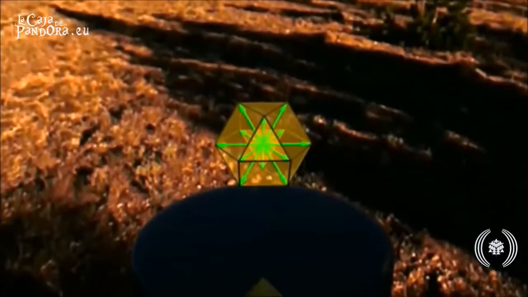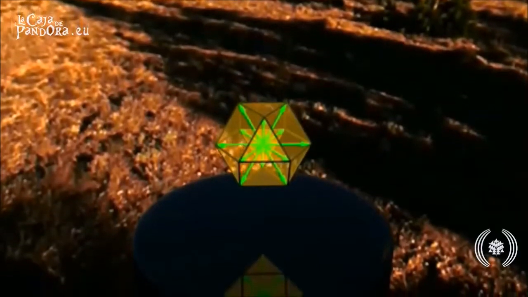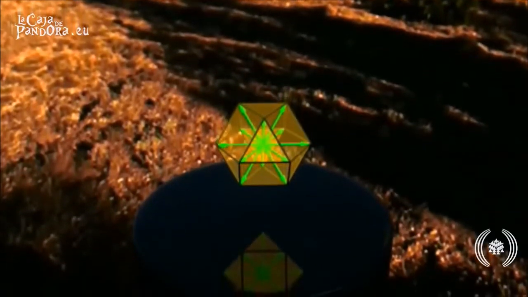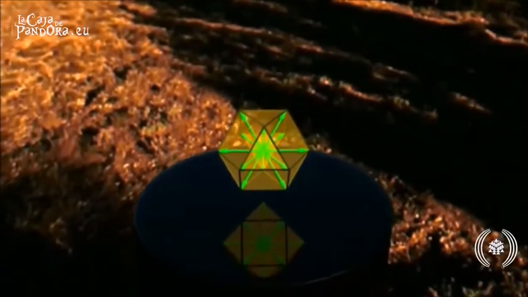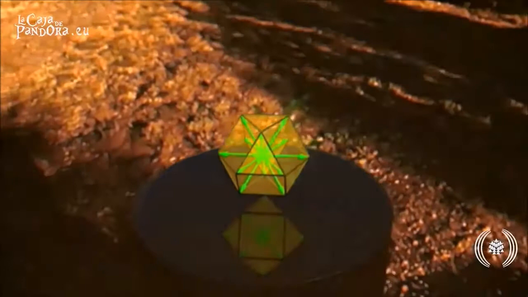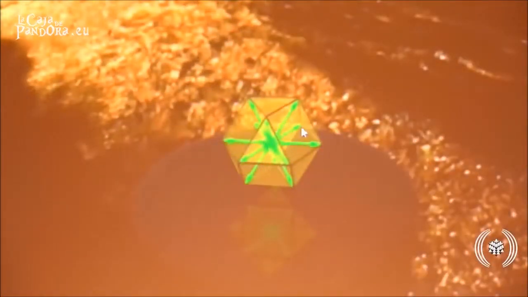The vectors to the middle are exactly the same length as the vectors on the edge, so you get perfect equilibrium. There's no other geometry like this. 12 vectors coming together to produce singularity, to produce perfect stillness, perfect equilibrium.